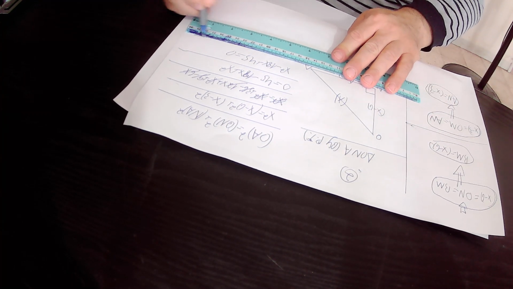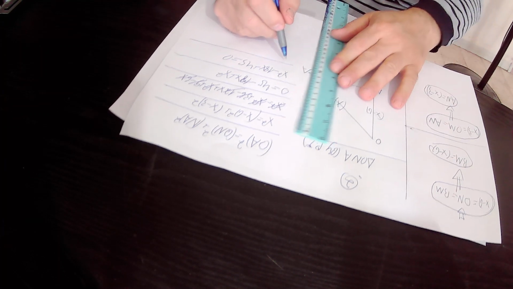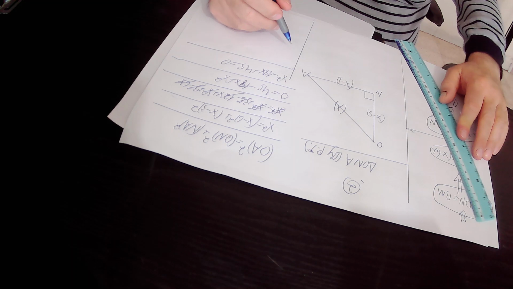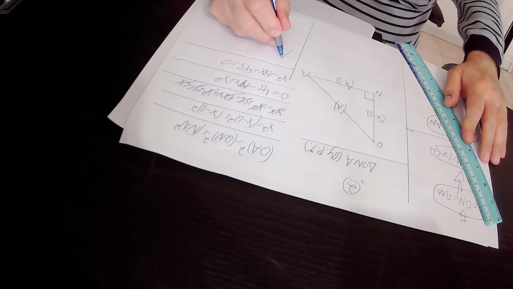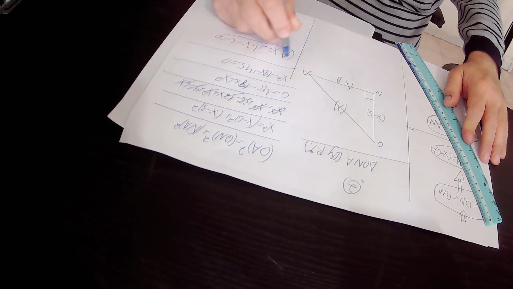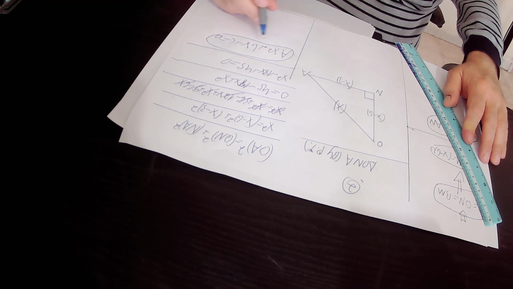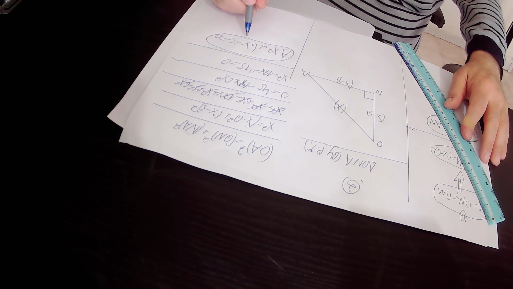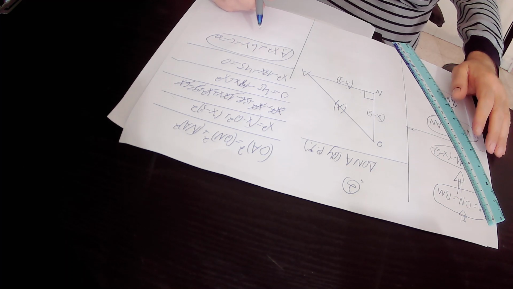So this is a quadratic equation, and the general form of a quadratic equation is ax squared plus bx plus c equals 0. In this general formula, a, b, and c are the coefficients of the quadratic equation, and x is the variable that we are looking for.